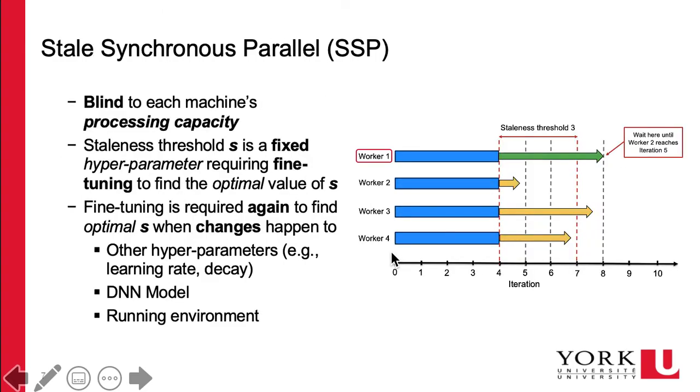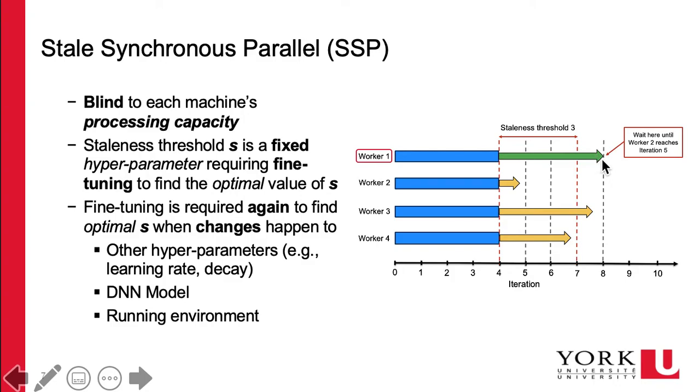Stale Synchronous Parallel, SSP, tries to alleviate the requirements of BSP. It only focuses on the fastest and the slowest worker. In this example, worker 1 is the fastest and worker 2 is the slowest. It allows the fastest worker to run up to a threshold of 3 more iterations than the slowest worker.